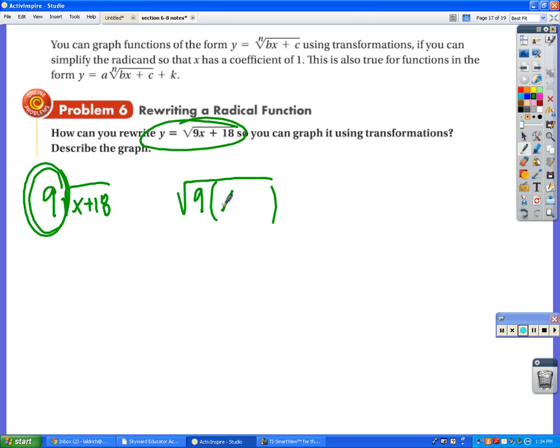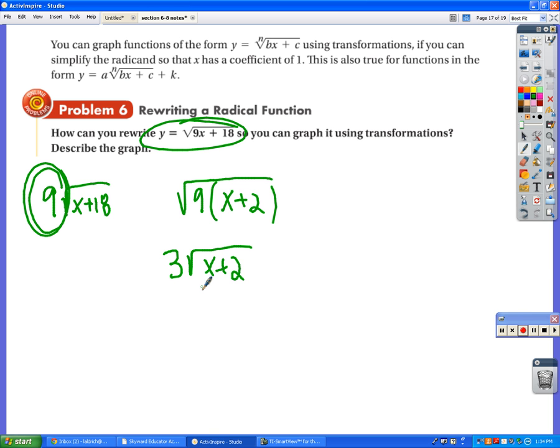X plus 2. And now we know the square root of 9 is 3, so I can pull that out. And so it initially appears to be a vertical stretch of 9 and a shift to the left of 18, but is actually a vertical stretch of 3 and a shift to the left of 2.